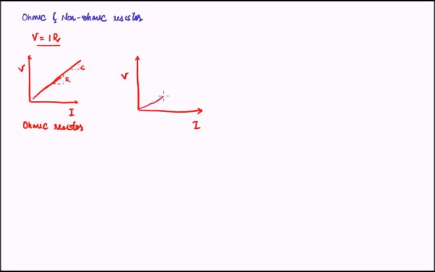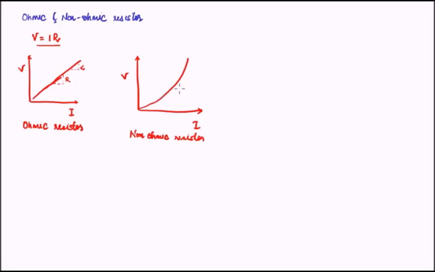For example, it might be something like this. So this is an example of a non-ohmic resistor. What is special about this? The speciality is that it is non-linear. It does not follow Ohm's law, because Ohm's law confirms linearity. Here we do not have linearity.